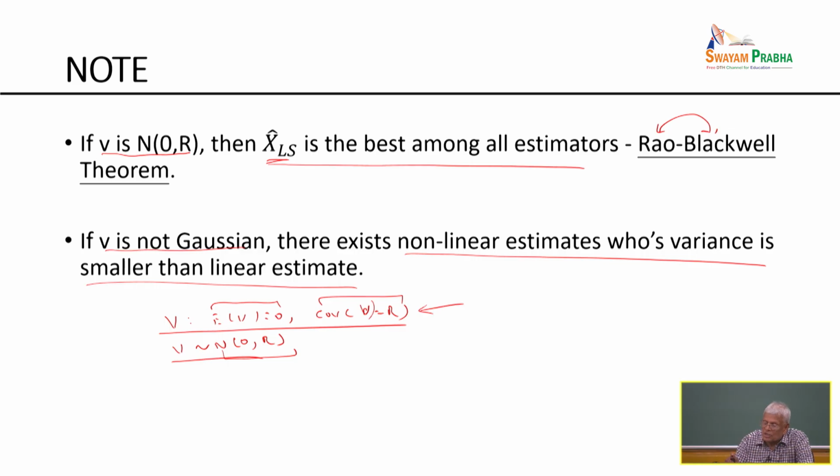If V is not Gaussian, then there exist estimates whose variance can be smaller than the linear estimate. There exists a nonlinear estimate that can be smaller than the linear estimate. That means we are trying to admit some bias to be able to get lesser variance. So that again talks about the trade-off between variance and bias.